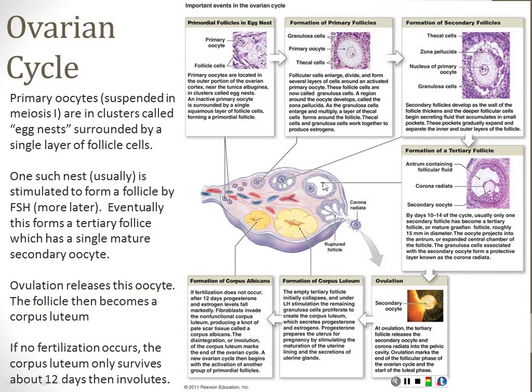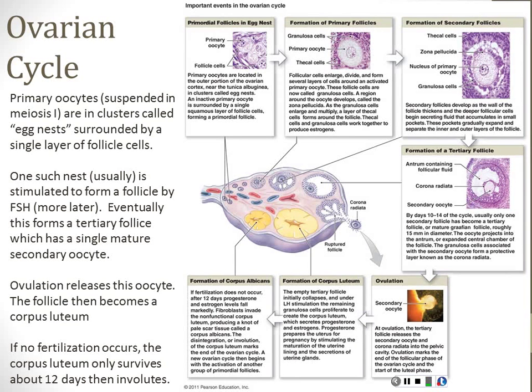Well, what's interesting is the follicle that remains behind, which ruptured and then healed, it transforms into a completely different structure called a corpus luteum. And this corpus luteum produces not only estrogen, like the follicle did, but it also produces progesterone as well.